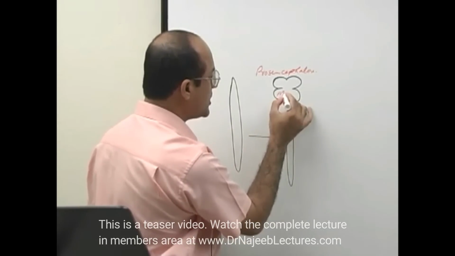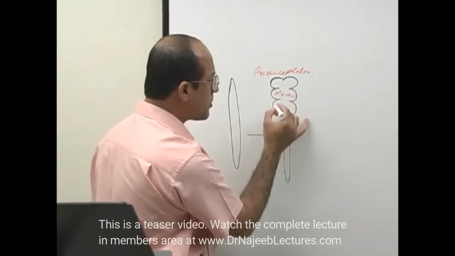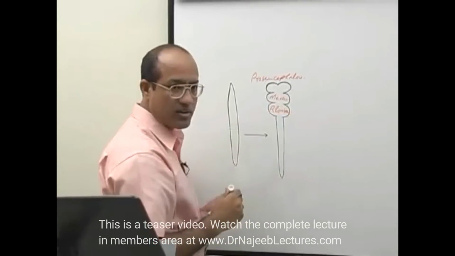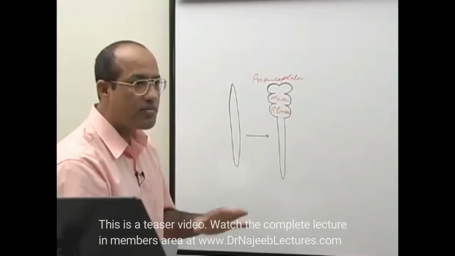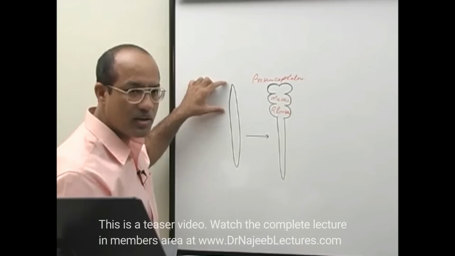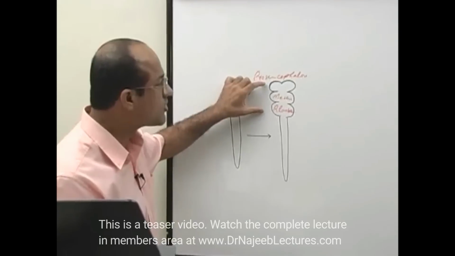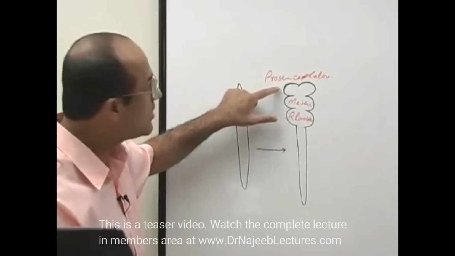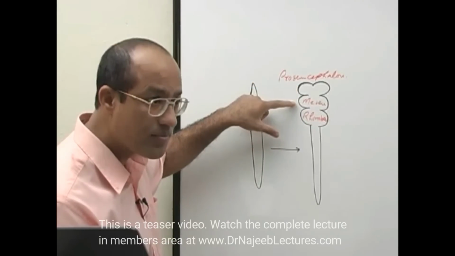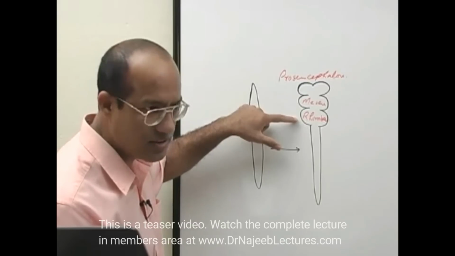Mesencephalon. And for the hindbrain, we call it rhombencephalon. So basically during the development of the central nervous system, on the cranial end of the neural tube, three primary vesicles are formed: prosencephalon for the forebrain, mesencephalon for the midbrain, rhombencephalon for the hindbrain. Is that right?